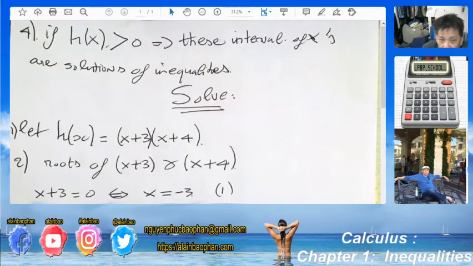Okay, and then the last step, you need to find where h of x, that means x plus 3 times x plus 4, is greater than 0.